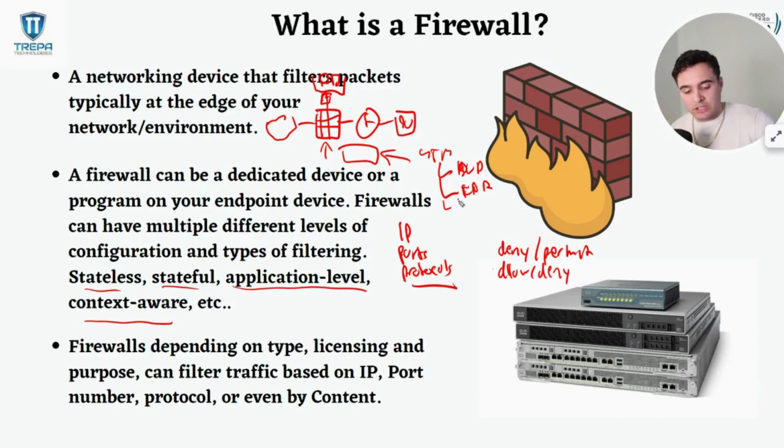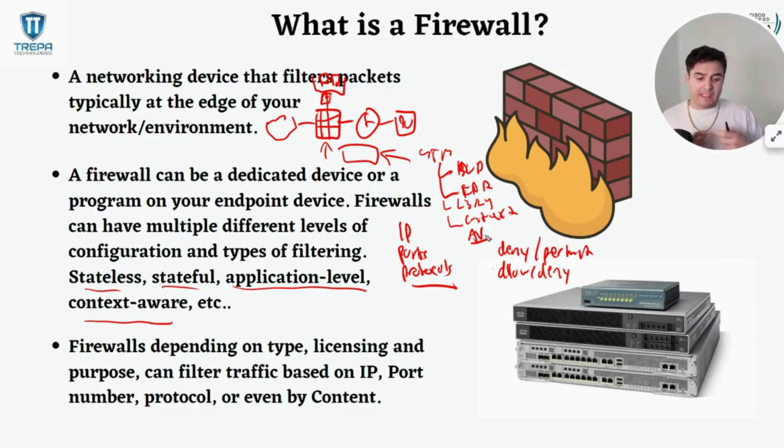And then we can also still filter based off layer 3 and layer 4. And then we can even do context aware, where we put some AV capability, antivirus capability, on our firewall, where we're actually looking at signature matches and hashes coming across our network to see, hey, this hash matches a virus or maybe potential malware.